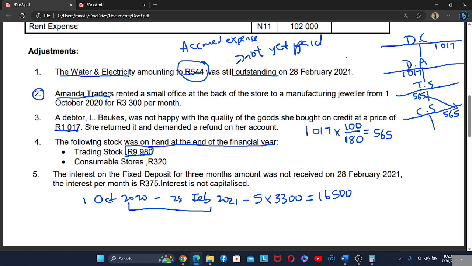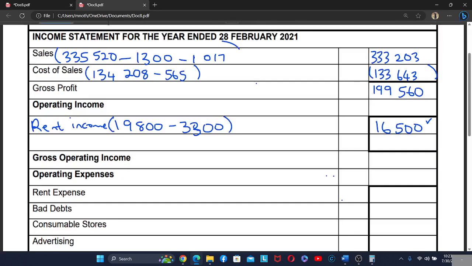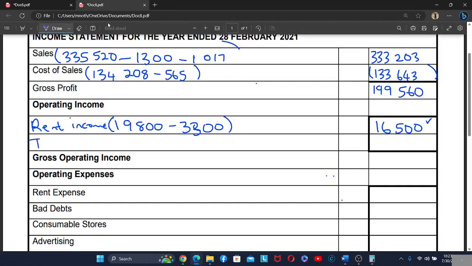But after doing the stock take, they found that the trading stock is 9,980. Okay, so what is this? The business is winning because they thought that they had a lesser stock while they had more. So what do we call this? We call this a trading stock surplus.